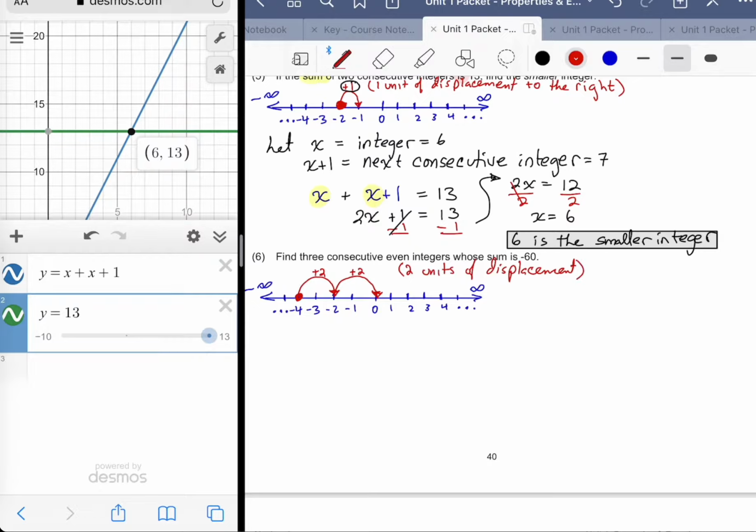So when I create my let statements, I would say let x equal an integer. I'll write n this time. The next consecutive even integer would have to be 2 more than this one. So x plus 2 would be the next consecutive even integer.